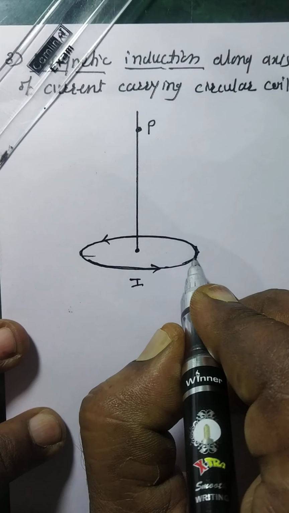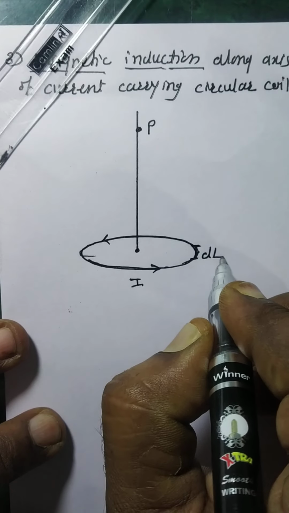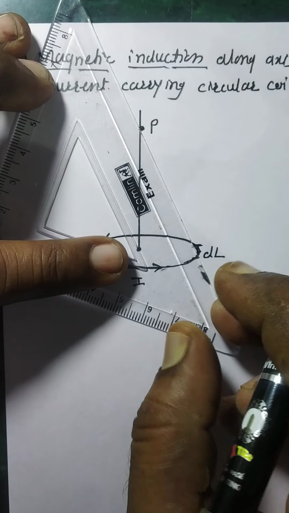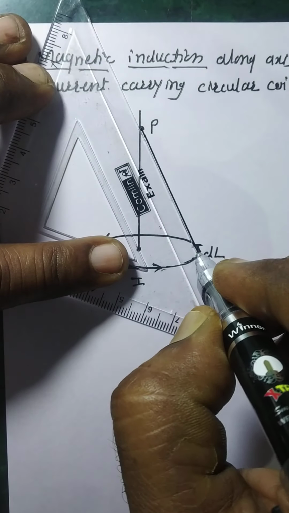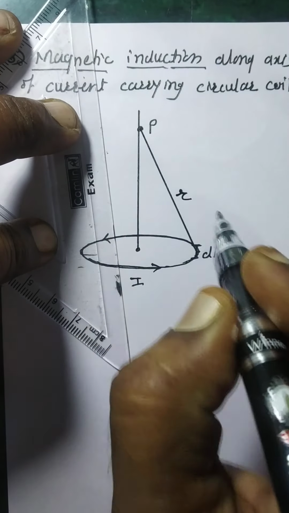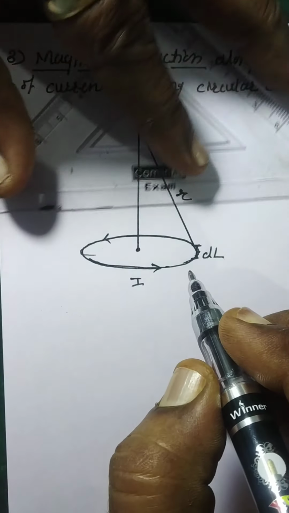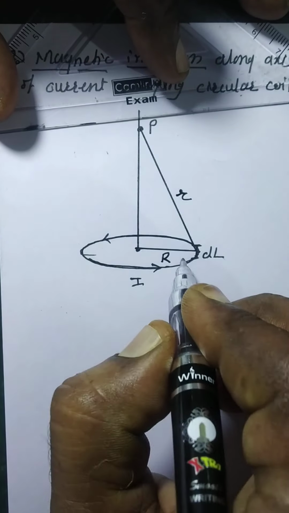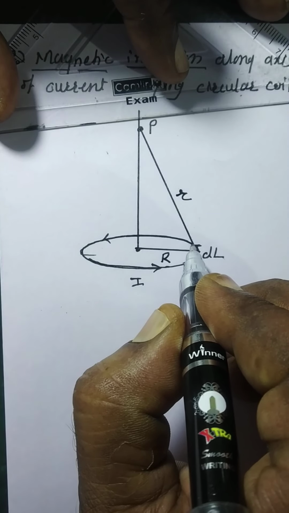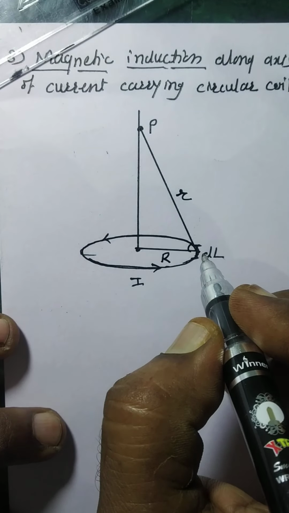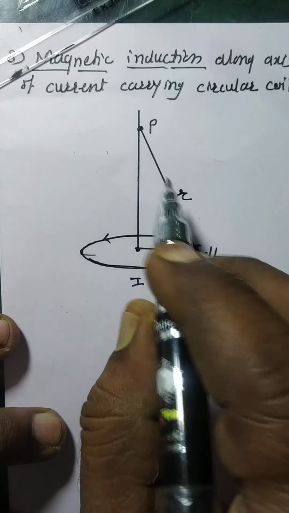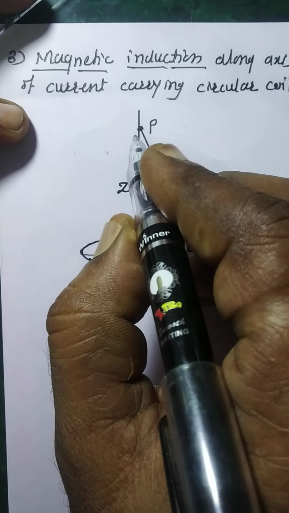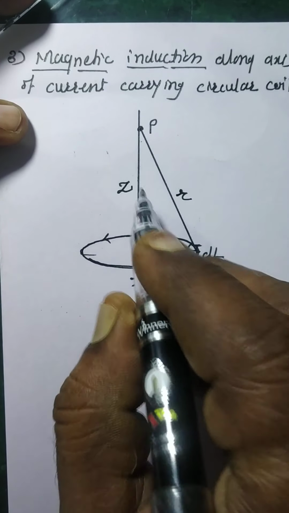Let dl be the length of a small element of the coil. r is the distance of the point from the element, capital R is the radius of the coil, theta is the angle between the length of the element and the line joining the element to point P, and z is the distance of the point from the center of the coil along the axis.